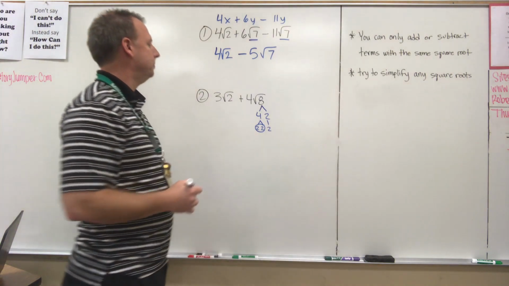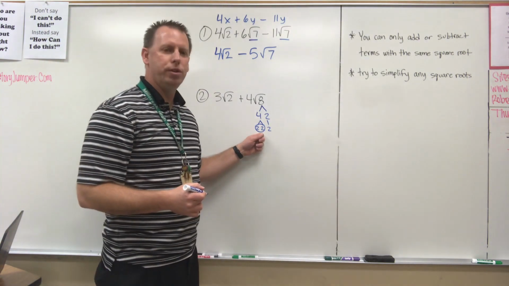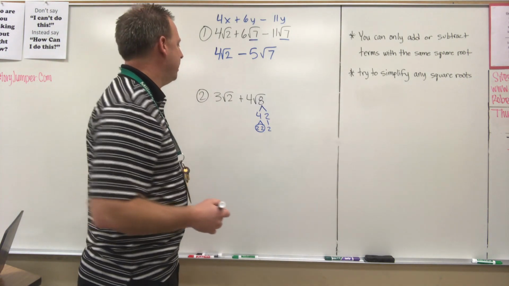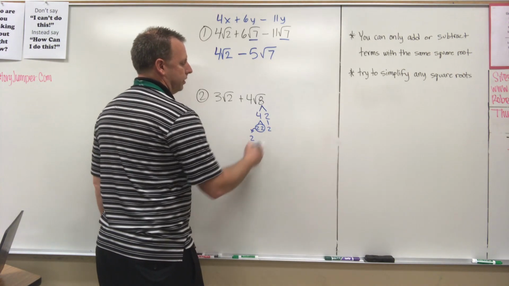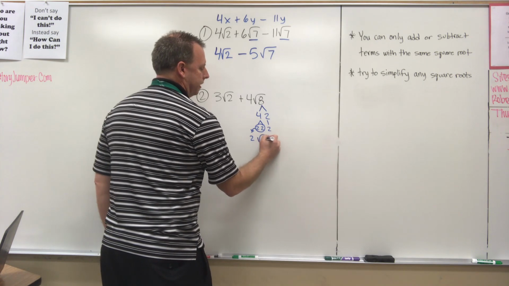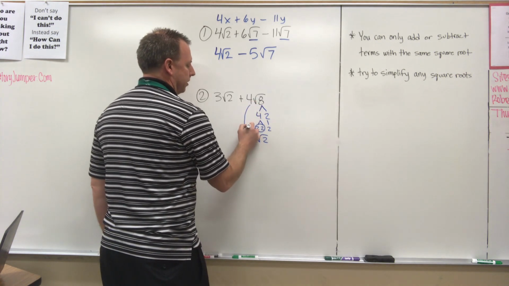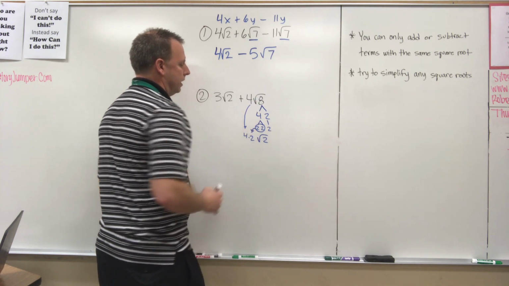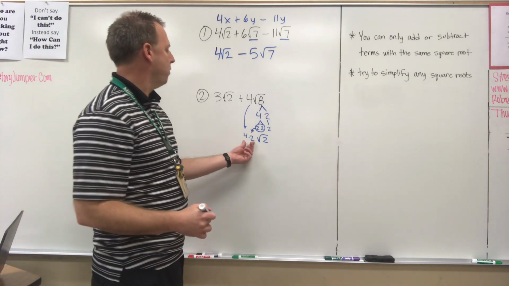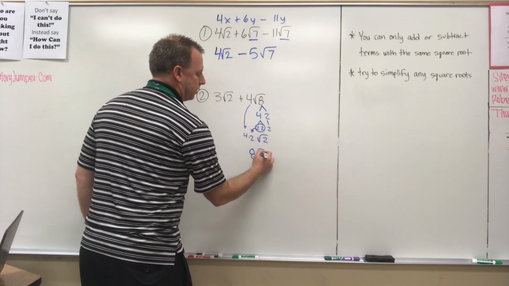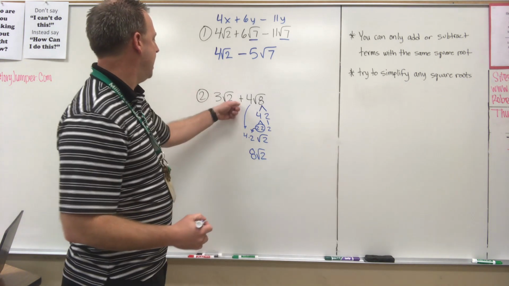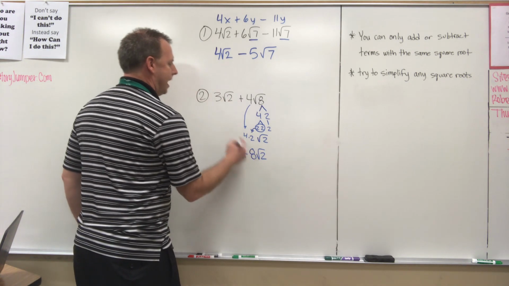So that pair of 2's, or that 2 squared, comes out as a regular 2. This 2 is left underneath. Remember, I already had this 4 out here, so he gets multiplied. So 4 times 2, 8 on the outside, square root 2 on the inside, and whoa, check that out.